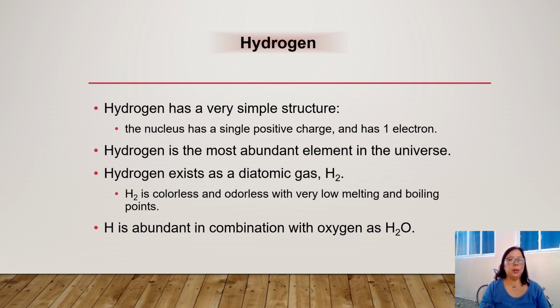Hydrogen is the most abundant element in the universe. It could play between organic and inorganic metals and nonmetals. Hydrogen is abundant in combination, especially with oxygen, where hydrogen and oxygen form the biggest volume of our planet, that is water.